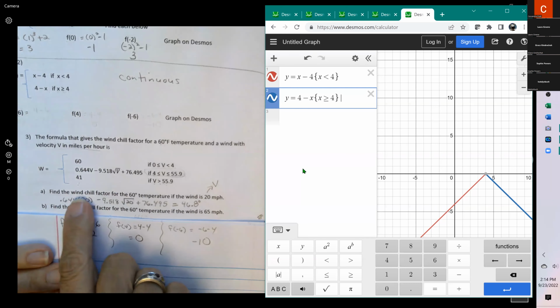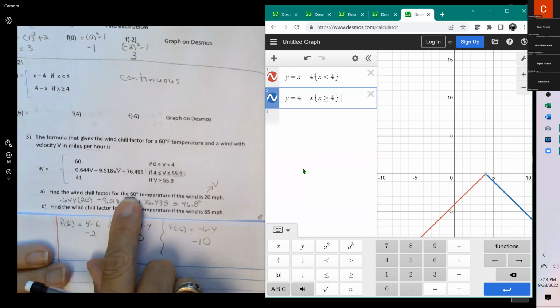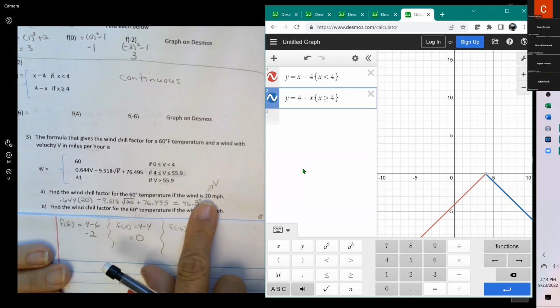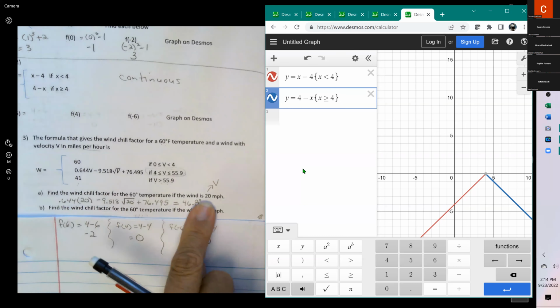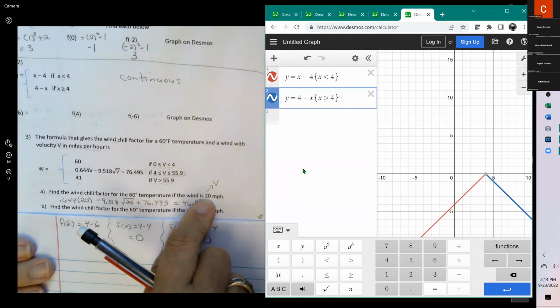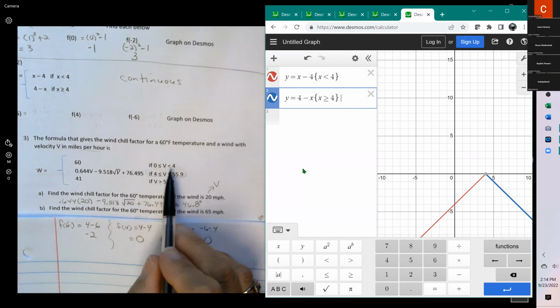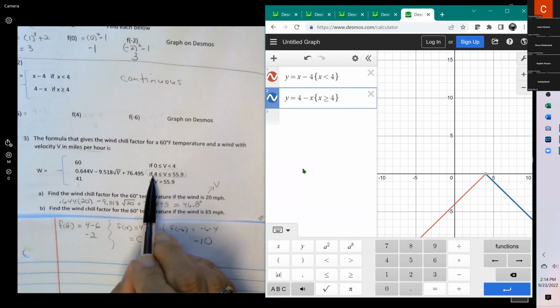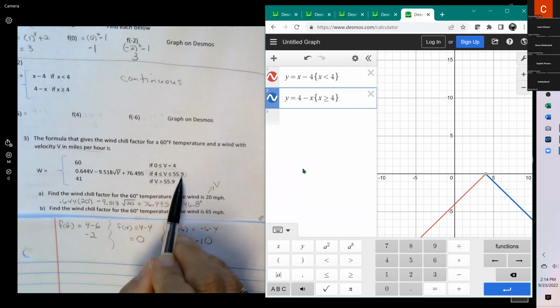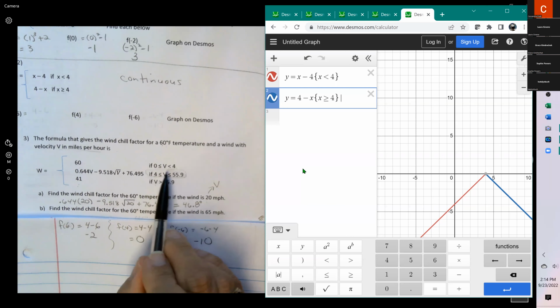Okay, find the wind chill factor for the 60-degree temperature if the wind is 20 miles per hour. 20 miles per hour is our velocity. So decide which one. Notice 0 to 4, 20 is not in there. If we look at this one, 20 is between 4 and 55.9. So we use the middle one.